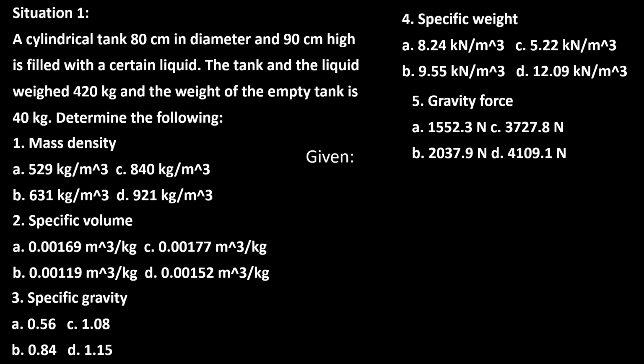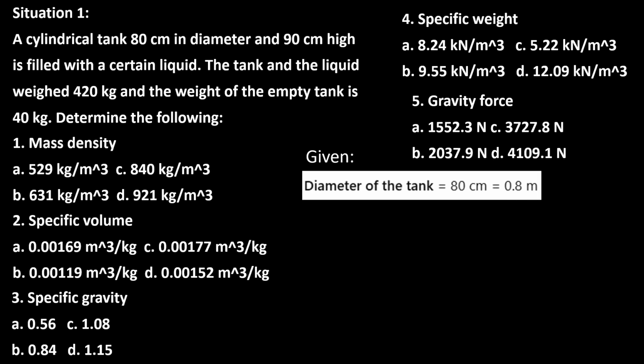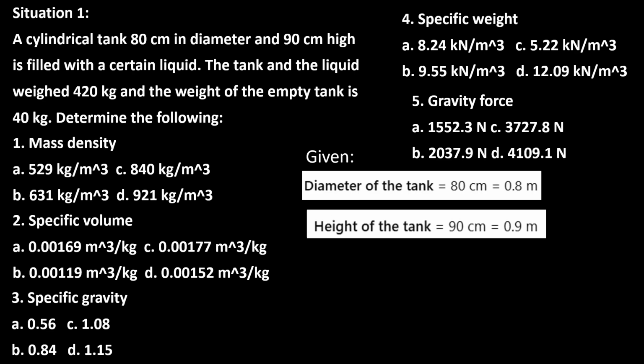In order to solve all the requirements, first we have to enumerate all the givens that we need in the calculation or the solution process. First among our given is the diameter of the tank having a measurement of 80 centimeters or 0.8 meter, to be followed by the height of the tank, which is having a value of 90 centimeters or 0.9 meter.